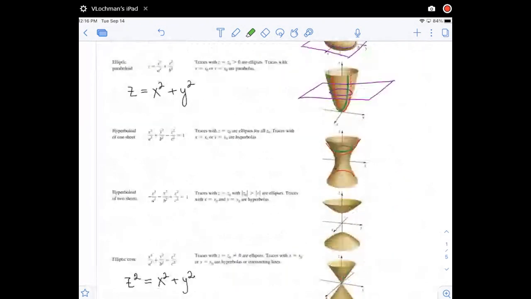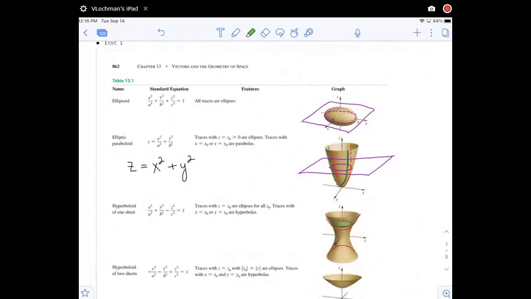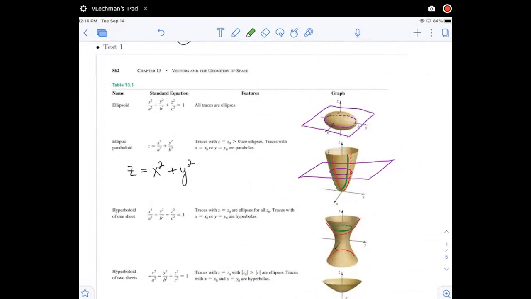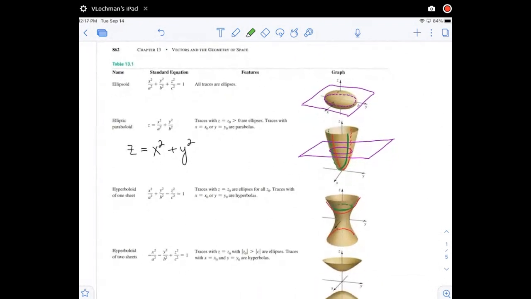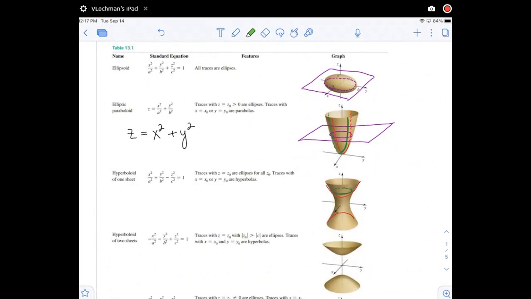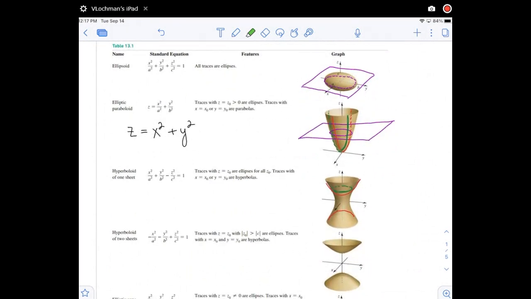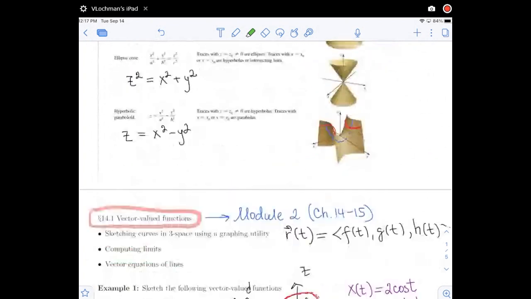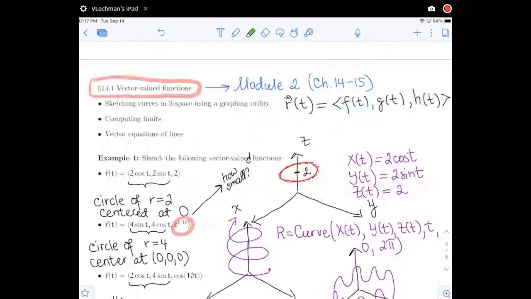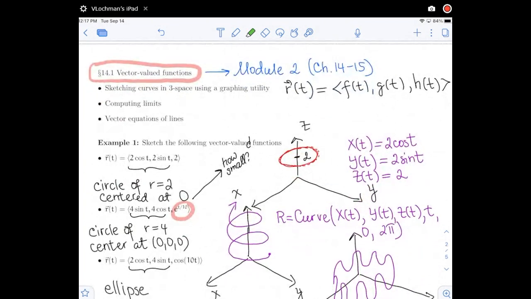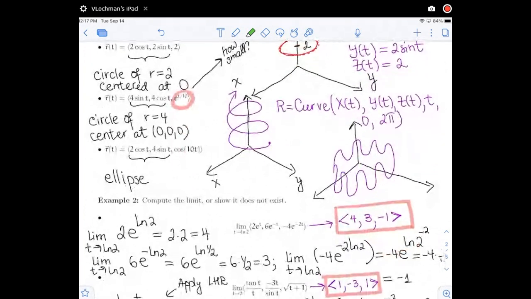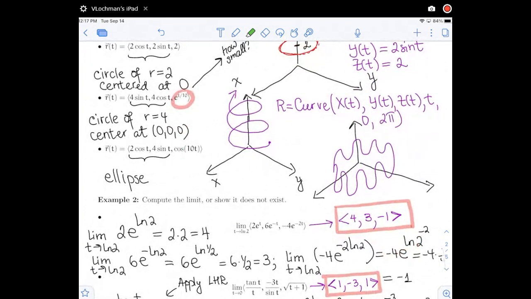Okay. So for this last section in chapter 13, we should just have this sheet in front of us when we solve problems and should be able to determine by looking at the graph or by looking at equations what these objects are. Then we talked about sketching vector valued functions, just analyzing why these shapes are the way they are.